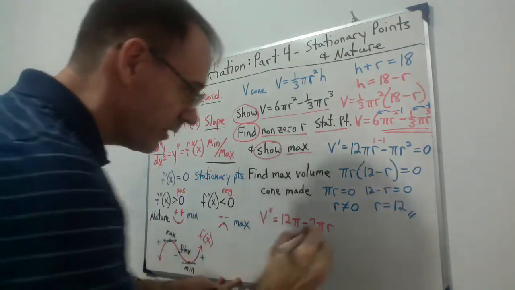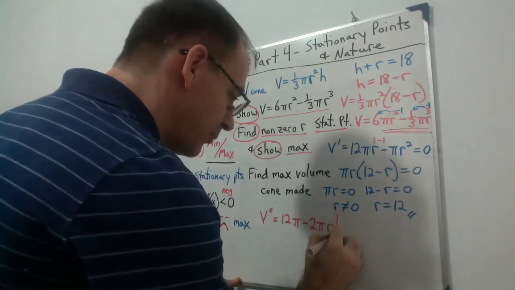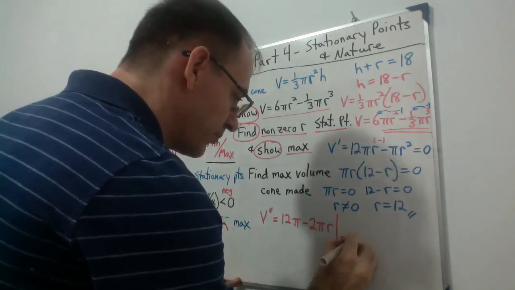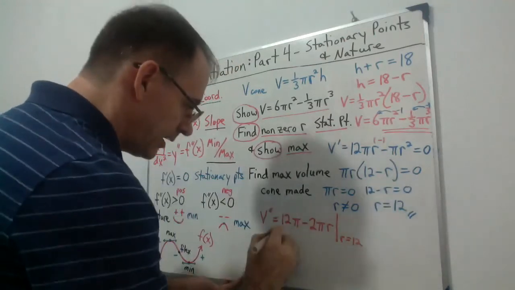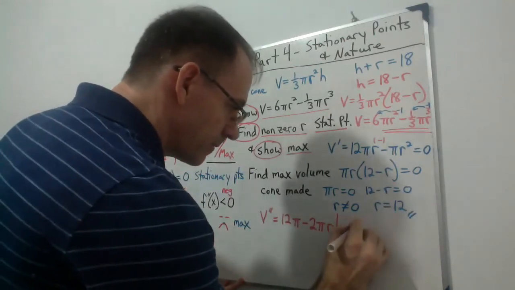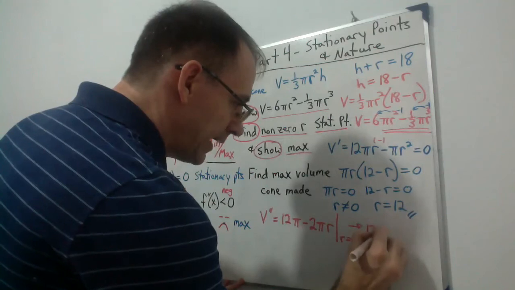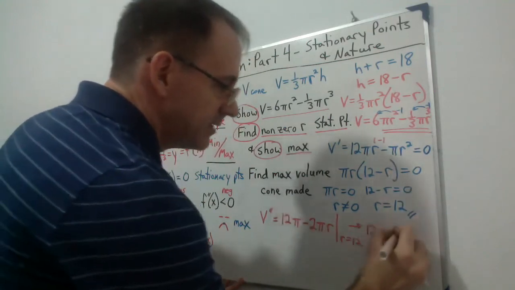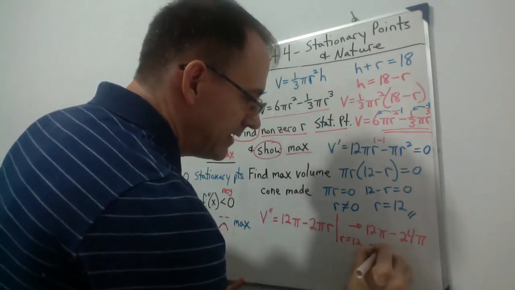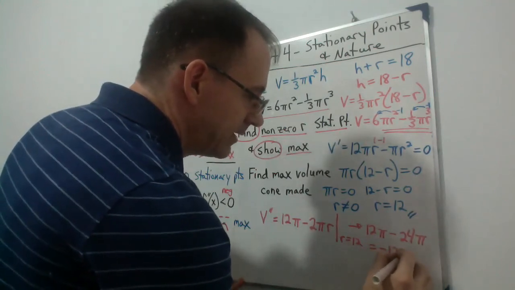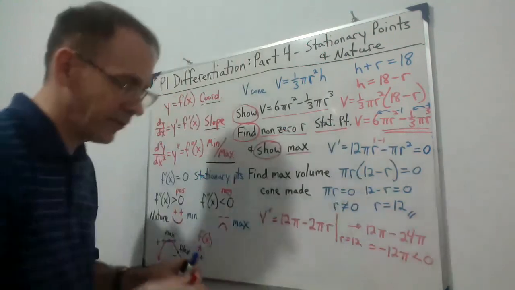Okay. So we're going to evaluate this when r equals 12. When r equals 12, we get 12 pi minus 24 pi, which equals a negative 12 pi, which is less than 0.